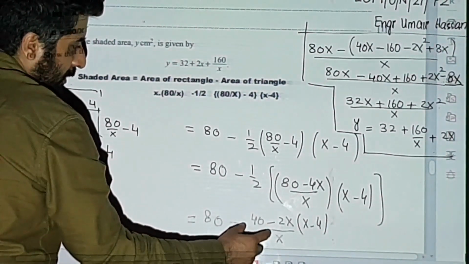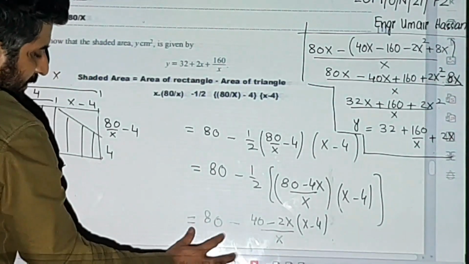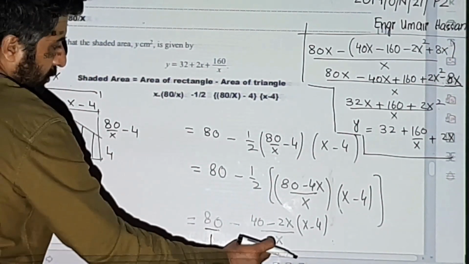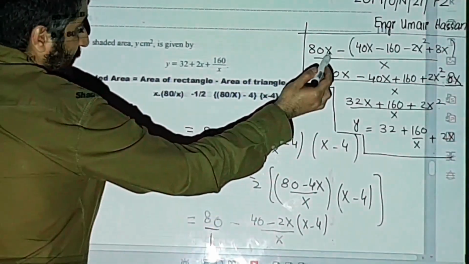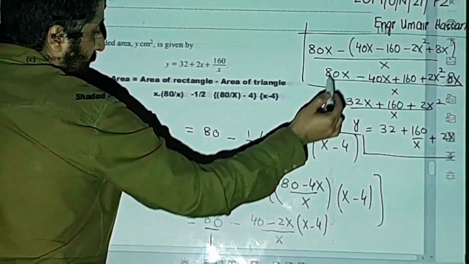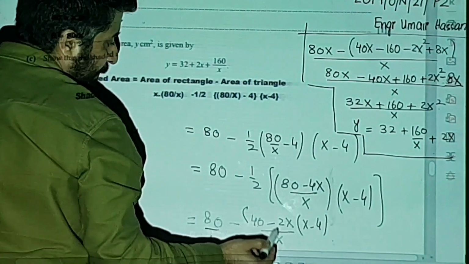Now you have to take LCM again. We have x in the denominator and we have 1 over here. So taking x as the LCM, x will be multiplied with 80, it will be 80x minus, put a bracket so that sign will not change, 40x.